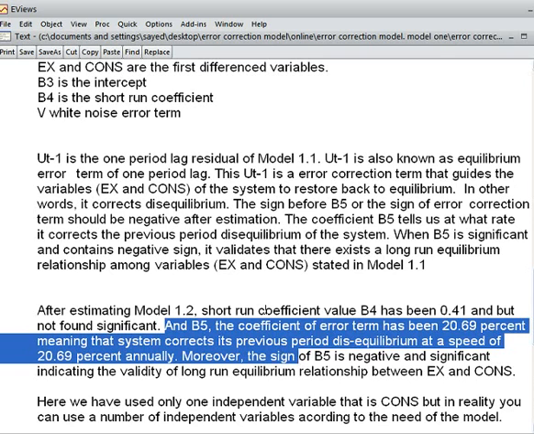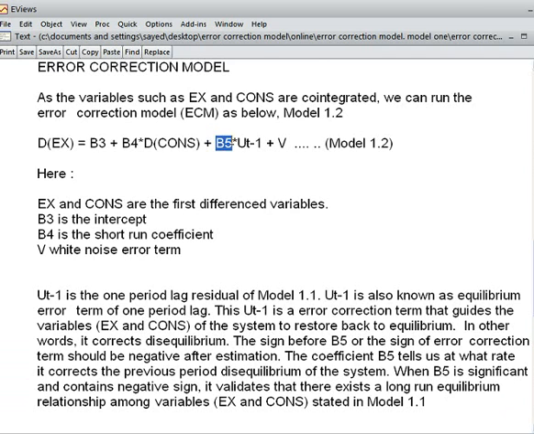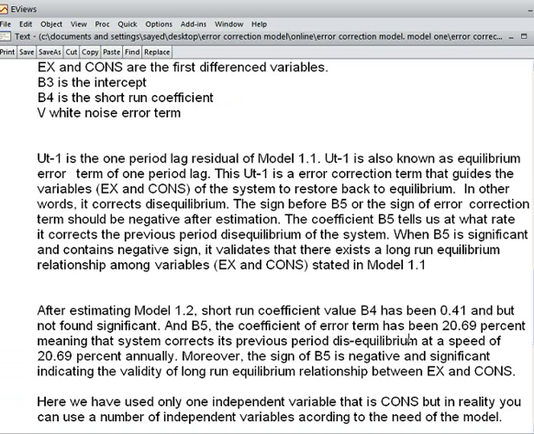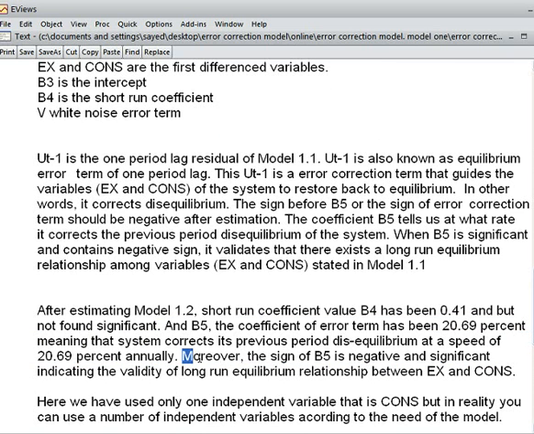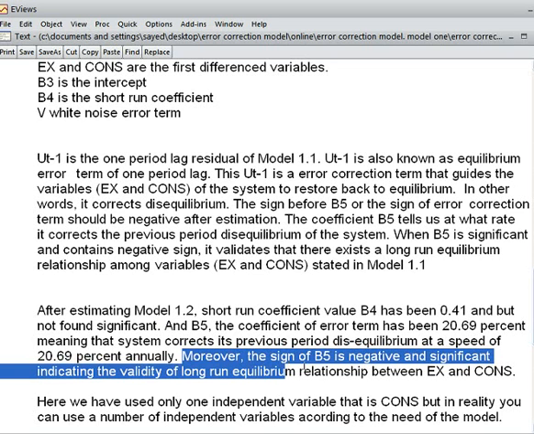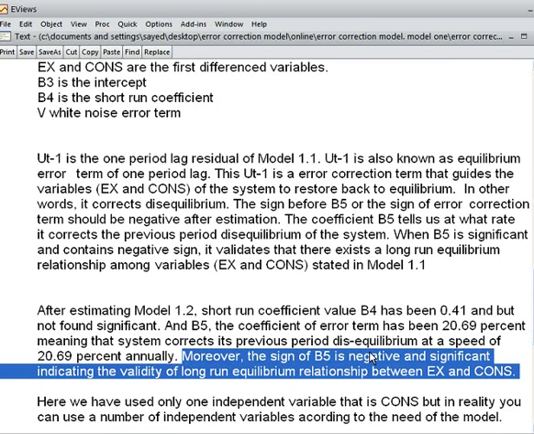I'm telling again: B5 after estimating has been 20.69%, meaning that the system corrects its previous period disequilibrium at a speed of 20.69% annually. So the speed of adjustment is 20.69% annually. Moreover, the sign of B5 has been negative and significant, indicating the validity of a long-run equilibrium relationship between ex and cons.